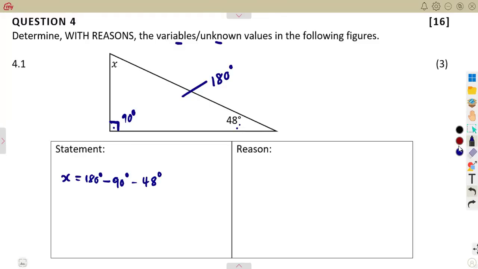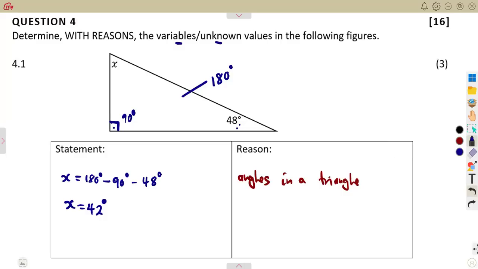That is angles in a triangle. Remember that the angles in a triangle add up to 180 degrees. So meaning to say the x in this case, if you subtract properly, is going to give us 42 degrees.